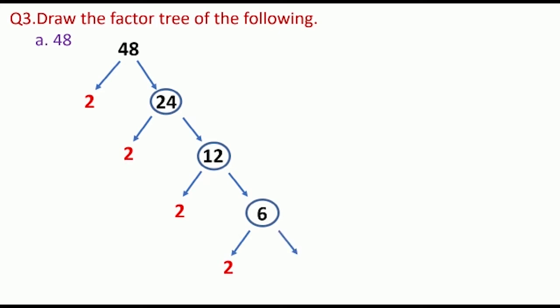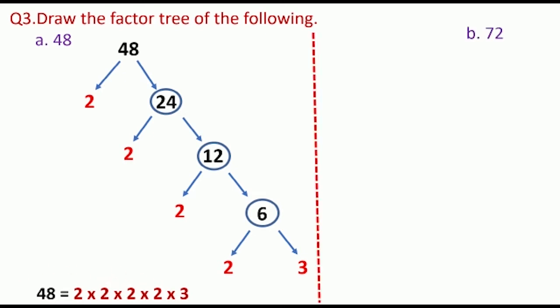So write here 2, and when 6 is divided by 2 you will get 3. So the prime factorization of 48 will be 2 into 2 into 2 into 2 into 3. When you multiply all these numbers, you will get 48 only.